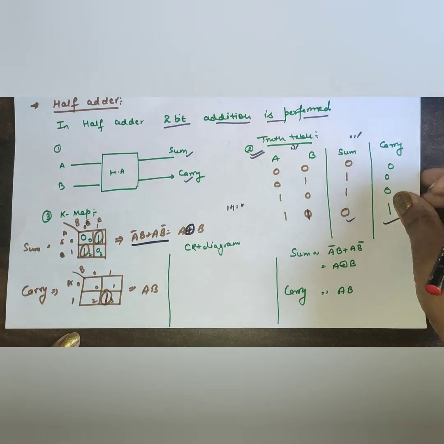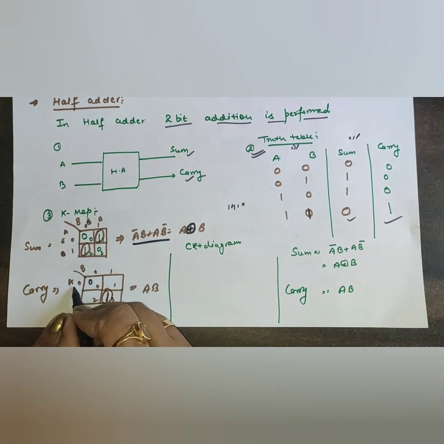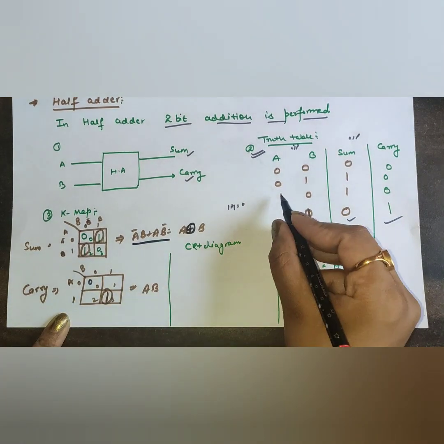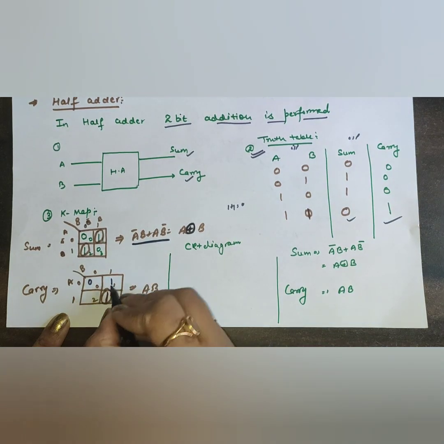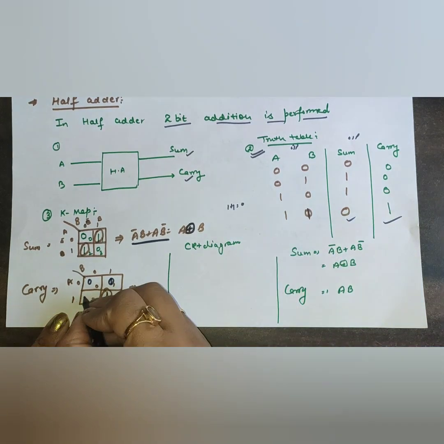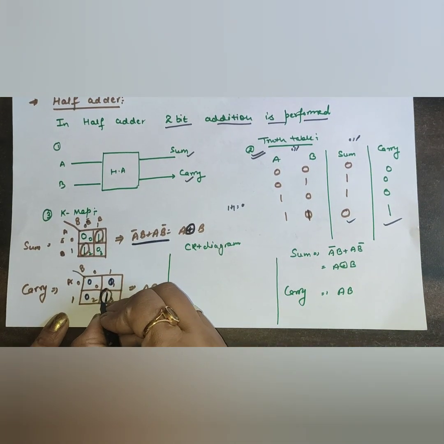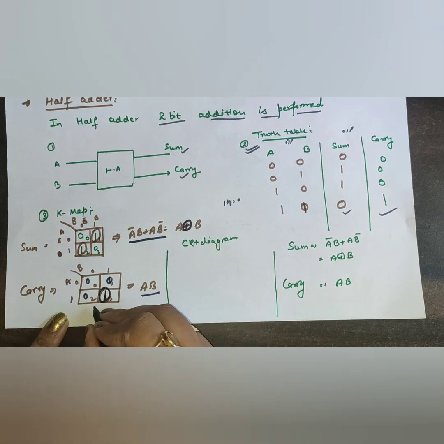For A 0, B 0, carry is 0. For A 0, B 1, carry is 0. For A 1, B 0, carry is 0, and for A 1, B 1, carry is 1. So only one 1 is there, so we will write AB.